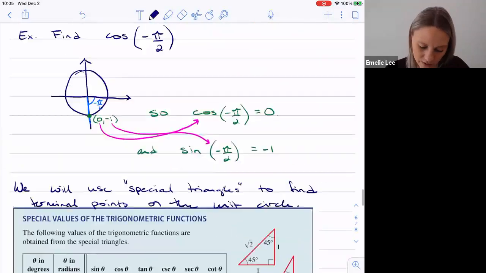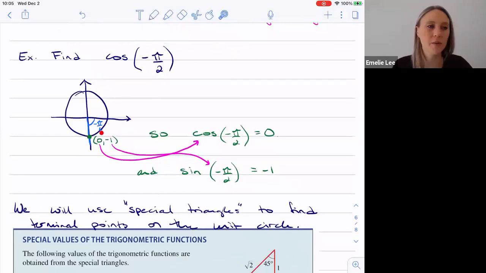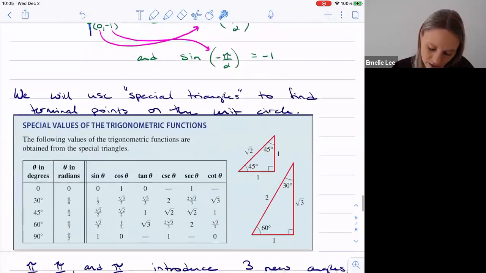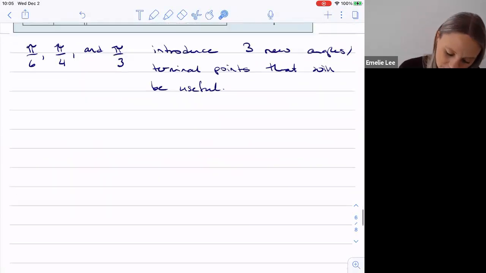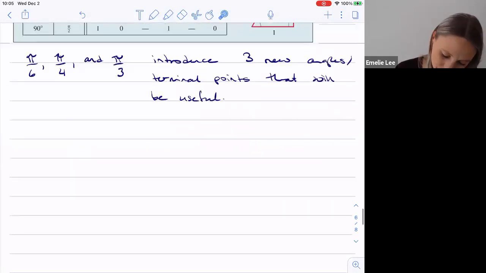Just like we used the terminal point of negative pi over 2 to find the sine and cosine, we can do the same thing, but we'll do a little bit more work because we need these special triangles.